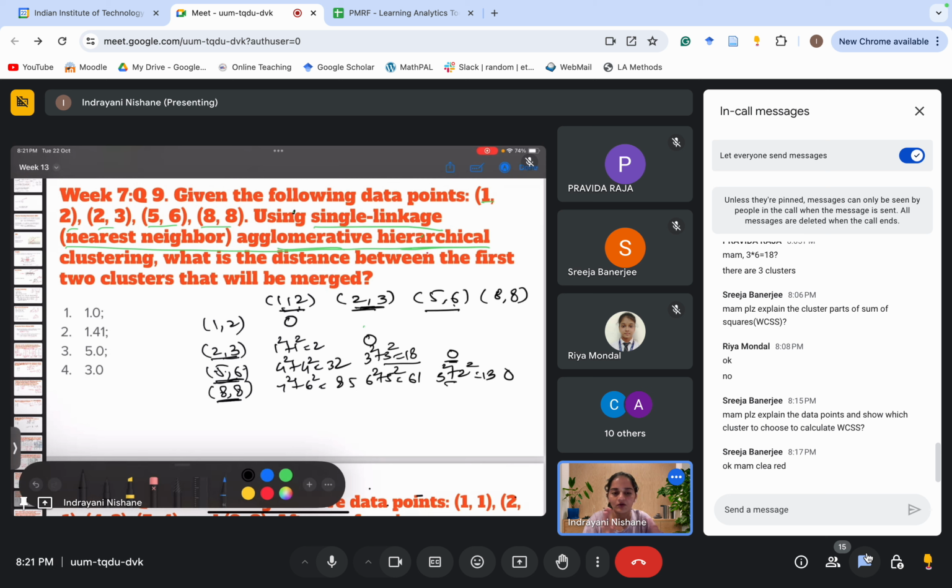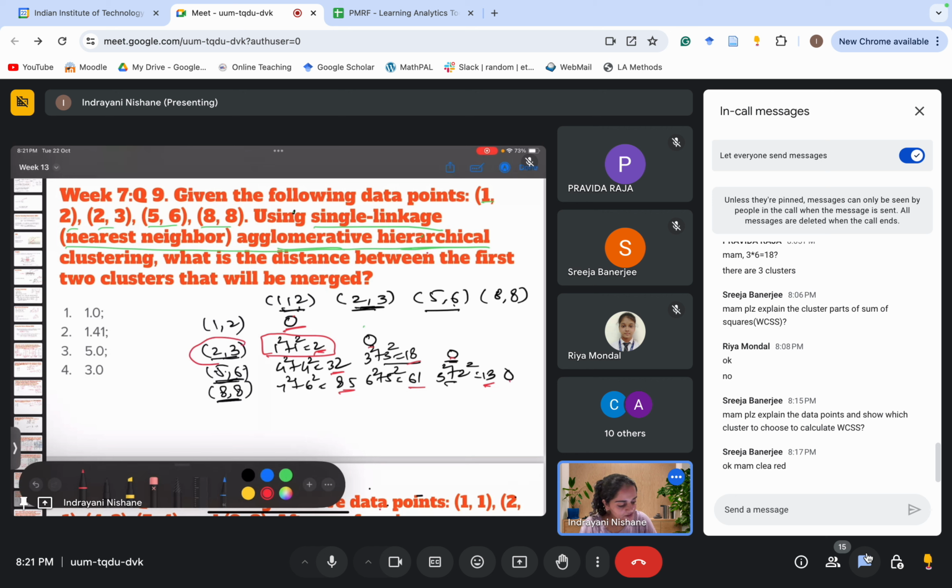So which is having single linkage? In single linkage, only two clusters will be linked at one go. That means we have to consider only two clusters which can be merged together. So what is the minimum distance here? Apart from the zeros, we have 32, 85, 18, 61, 13 and 2. Which is lowest out of these? This 2.